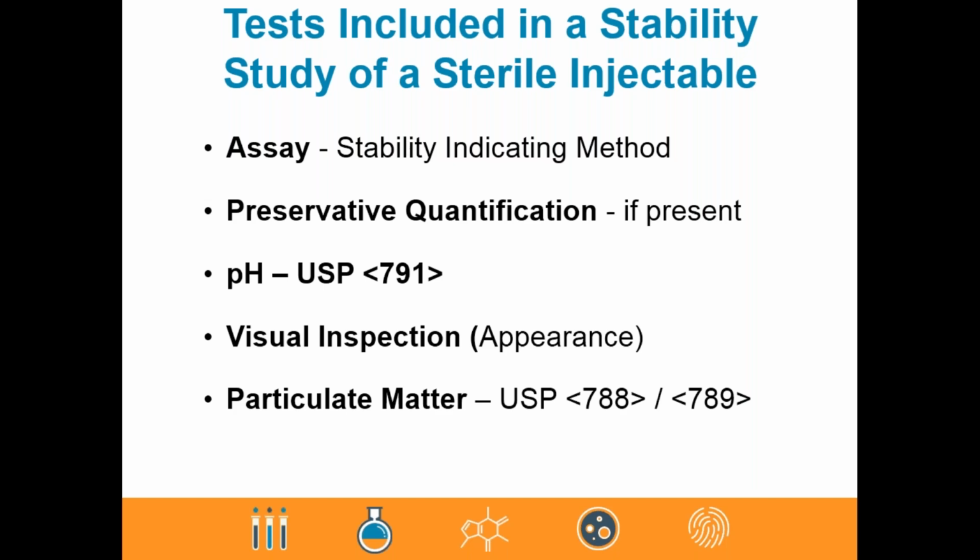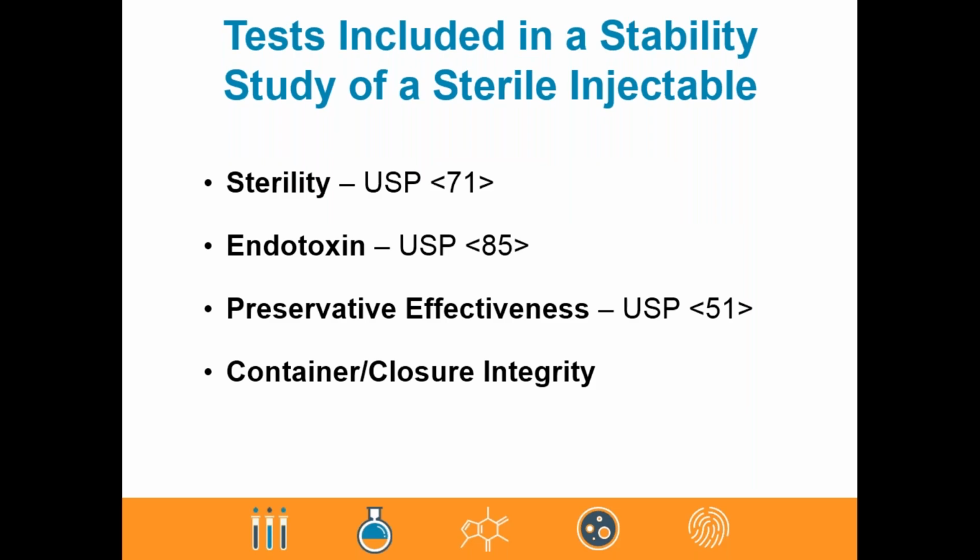All those things can be indicators of instability. So visual inspection is an important part of a stability study. You've got the particulate matter for IV products, for subvisible particulate matter too. So that's the physical and the chemical.